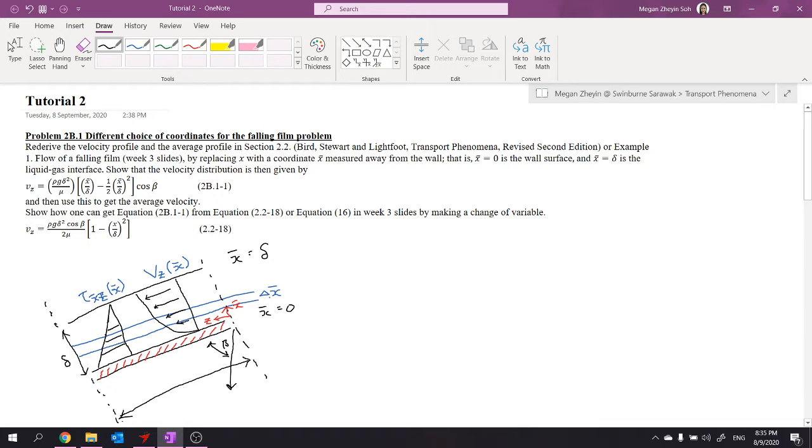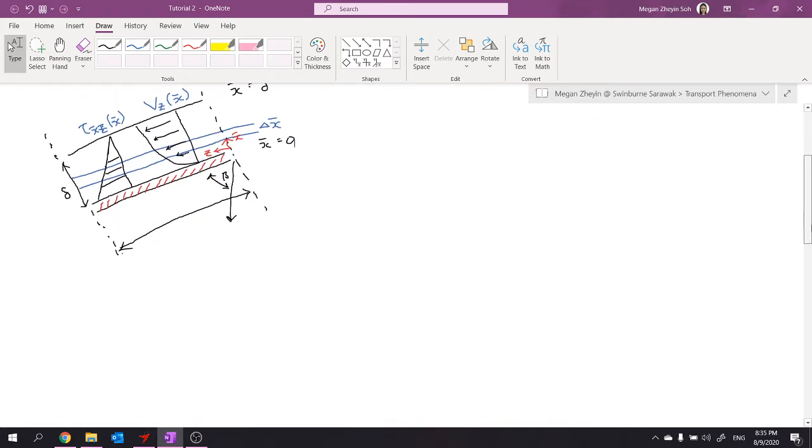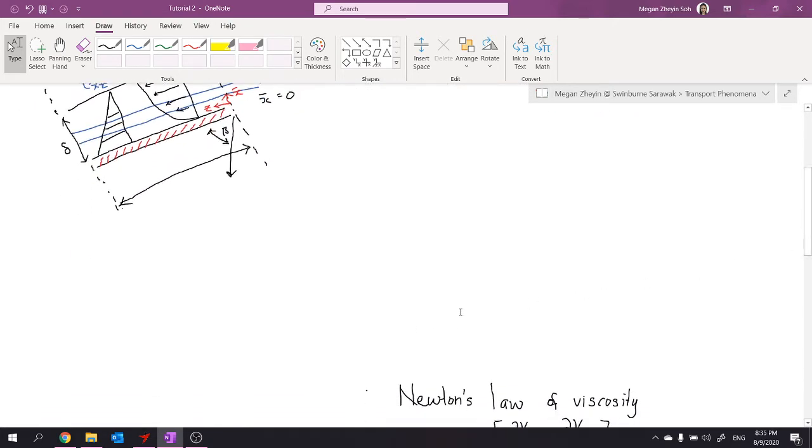So how to approach this question? We know that d tau xz over dx equals rho g cos beta.